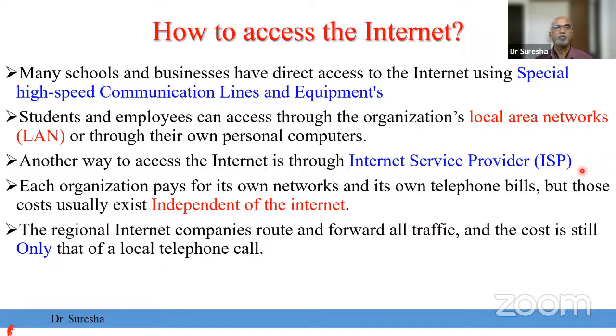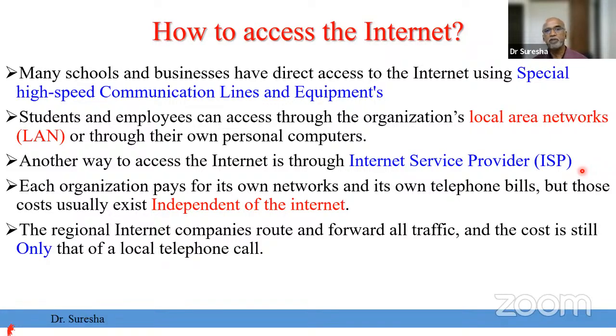How to access the internet? Many schools and businesses have direct access to the internet using special high-speed communication lines and equipment. Students and employees can access it through organized local area networks. Of course, you know the answer to all these things, but I'm just putting it here. Another way to access the internet is through an internet service provider like Airtel, Vodafone, Jio, something like that.